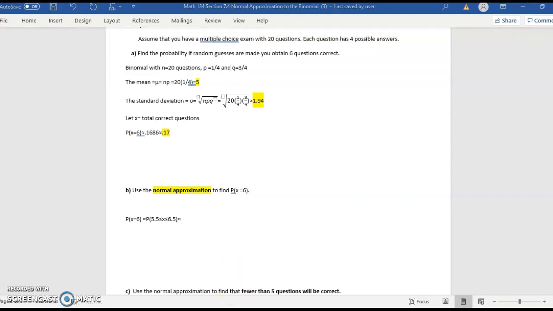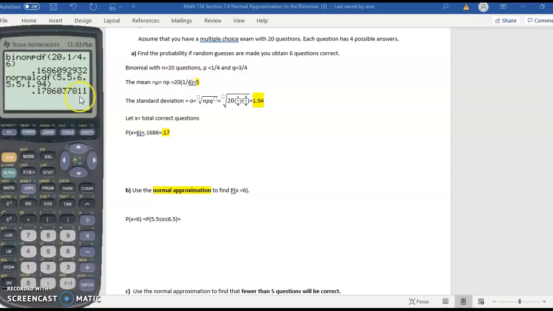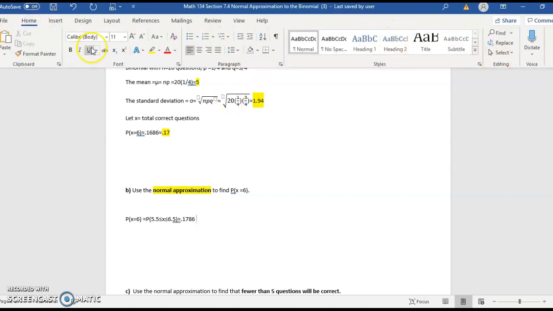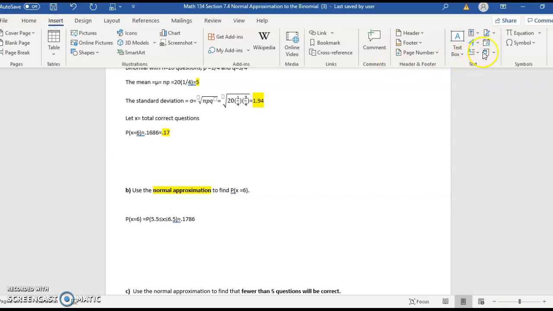And in this case, the actual calculator is giving me 0.1786, which is technically approximately 0.18.